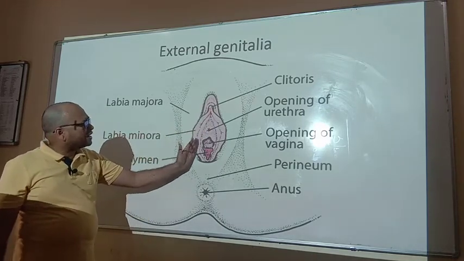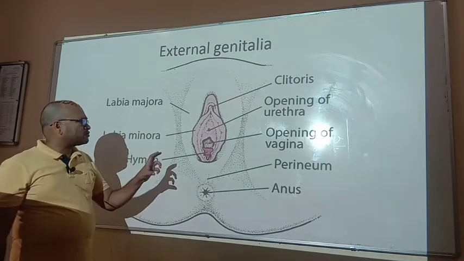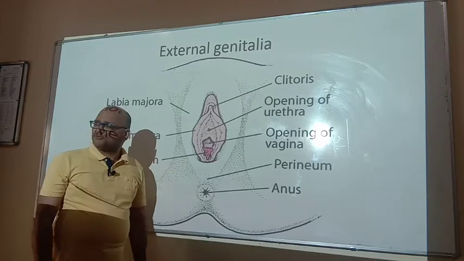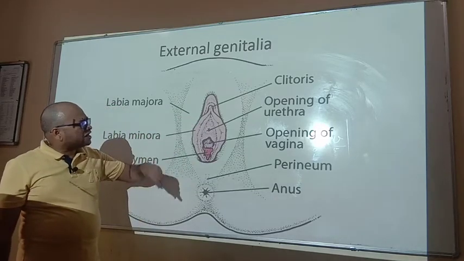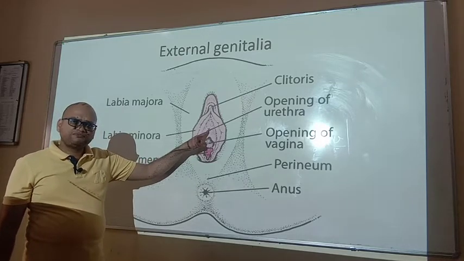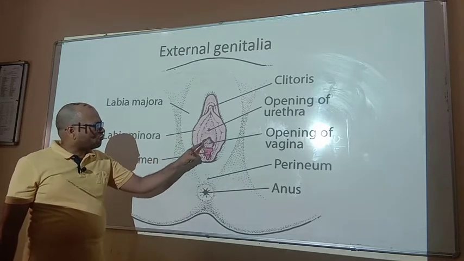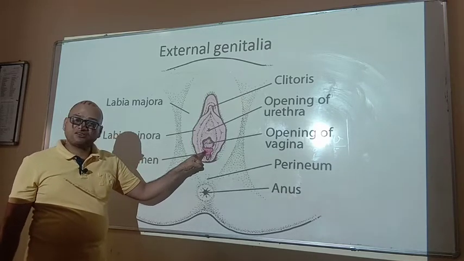Now inside the labia minora, there are two types of openings found. The first is the very small opening of the urethra, and the second is a wider opening called the opening of the vaginal canal, that is also called the vulva.